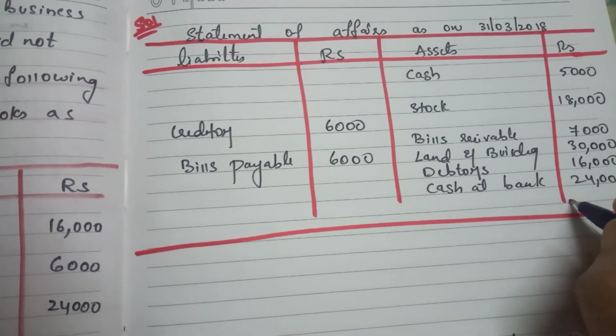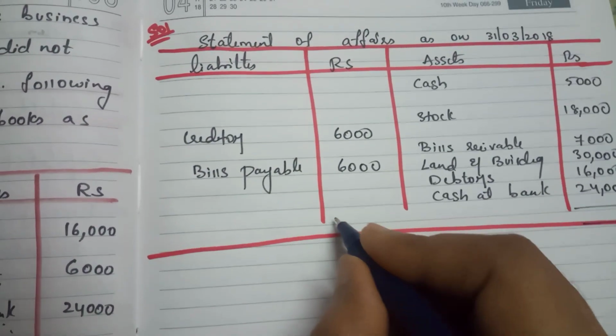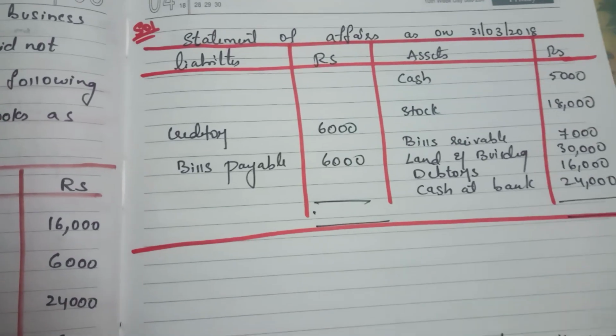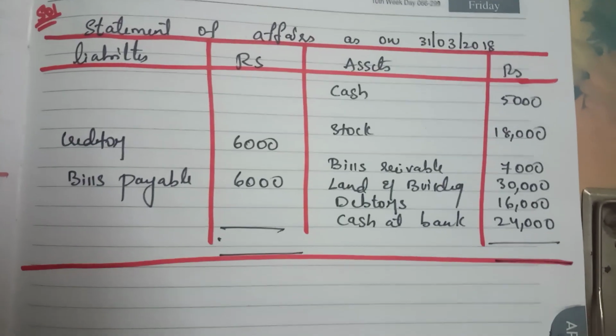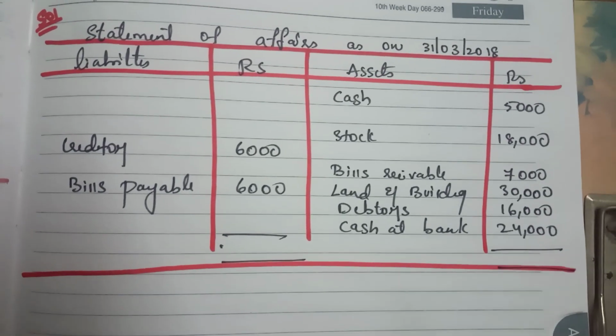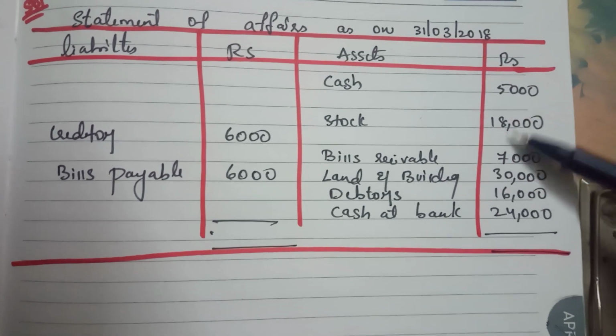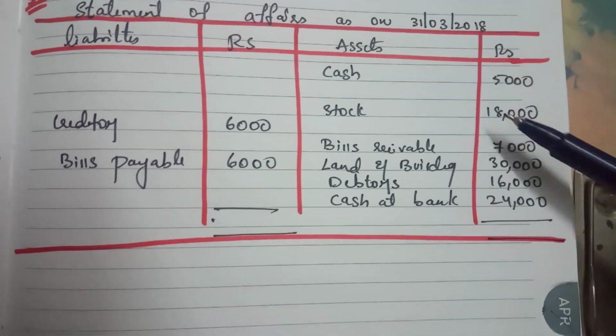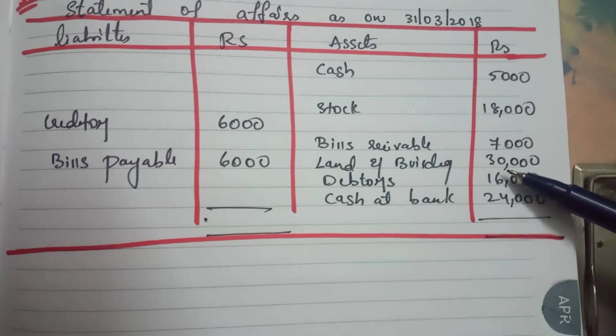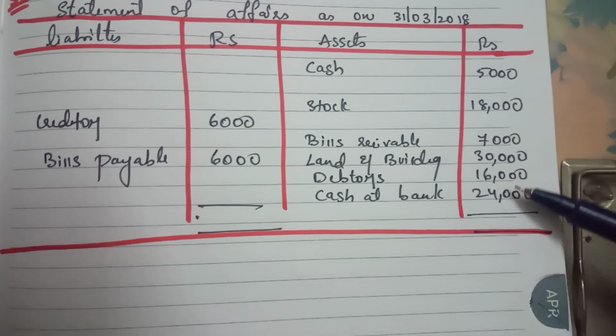Okay, now we'll take the total of all these. So 5,000 plus 18,000 plus 7,000 plus 30,000 plus 16,000 plus 24,000.